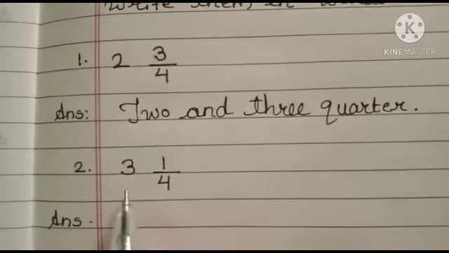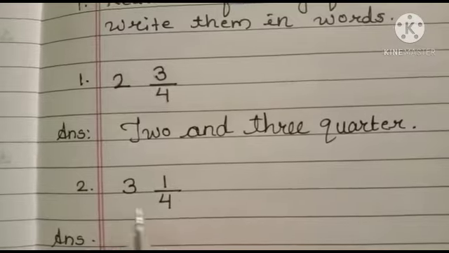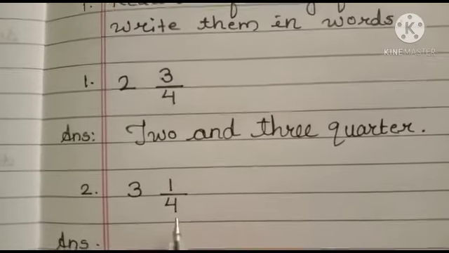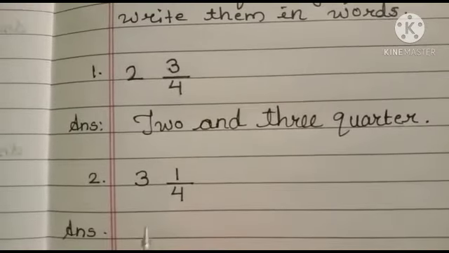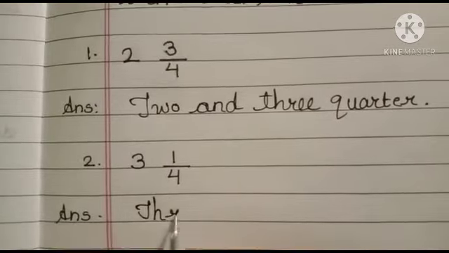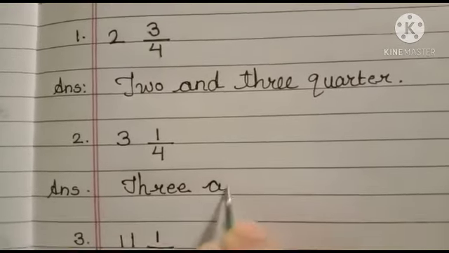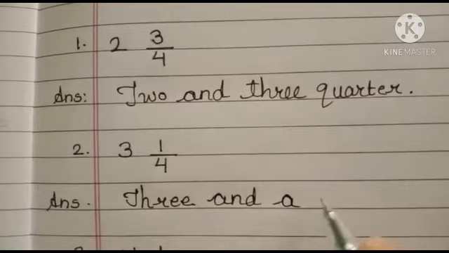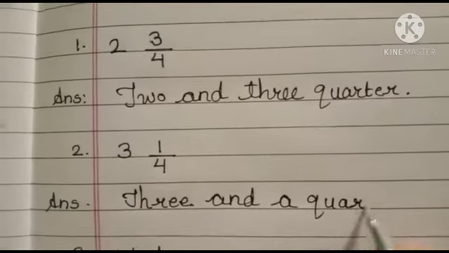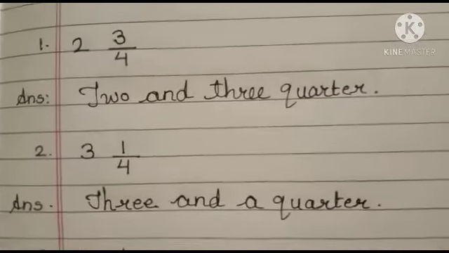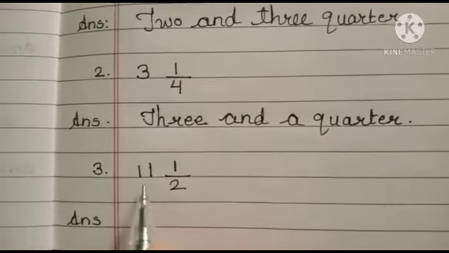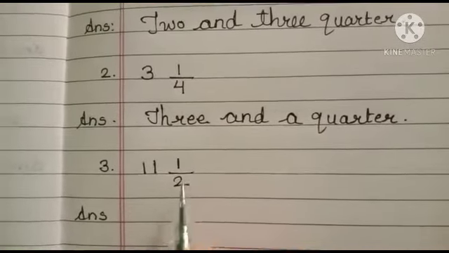Next is given, this is whole 3 and 1 quarter. So what will we write? We will write 3 and a quarter. In this way you have to write the fraction in words. The next one is given here 11 and 1 upon 2.